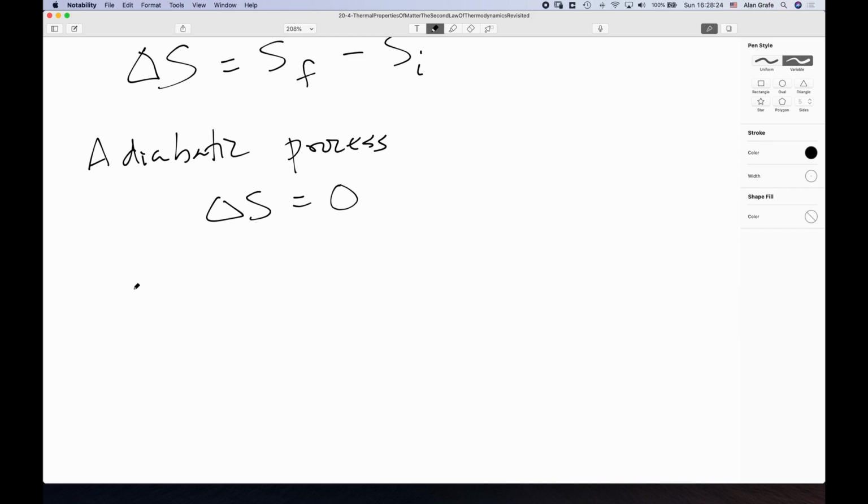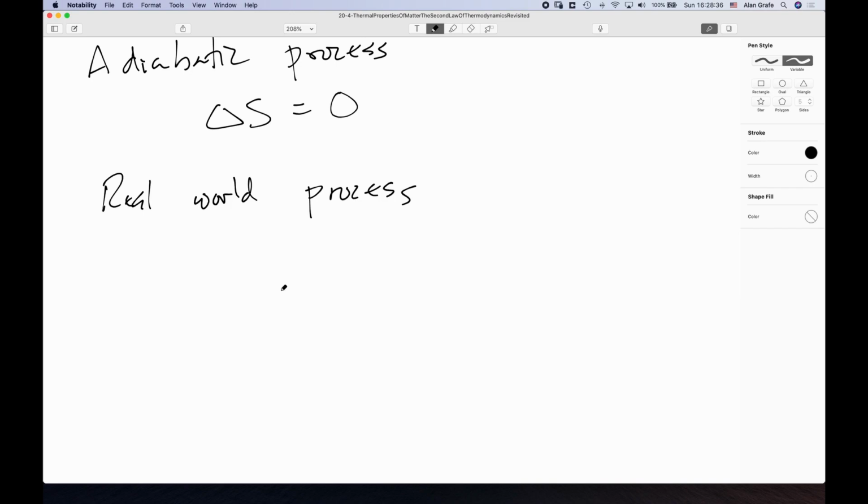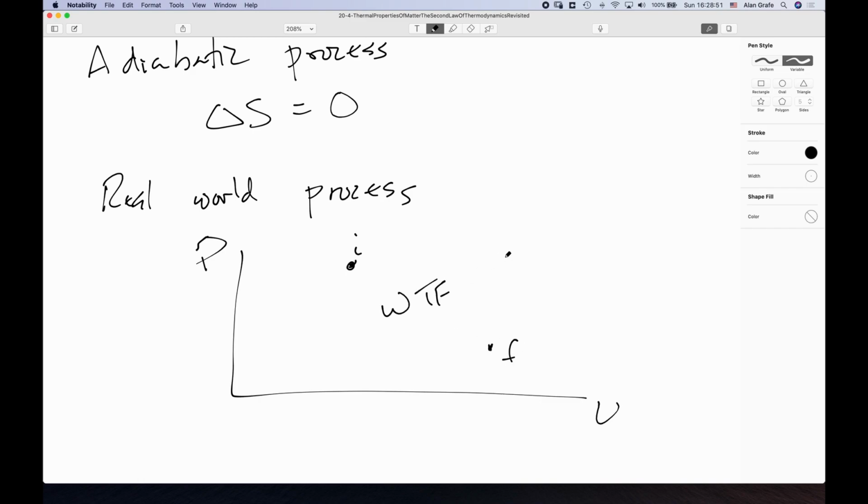So then for any real world process, remember, for a real world process, when we attempt to draw a PV diagram for it, probably all we will ever be able to do is just draw an initial state and a final state, and basically put a big WTF in between the two because we don't know how they connect.